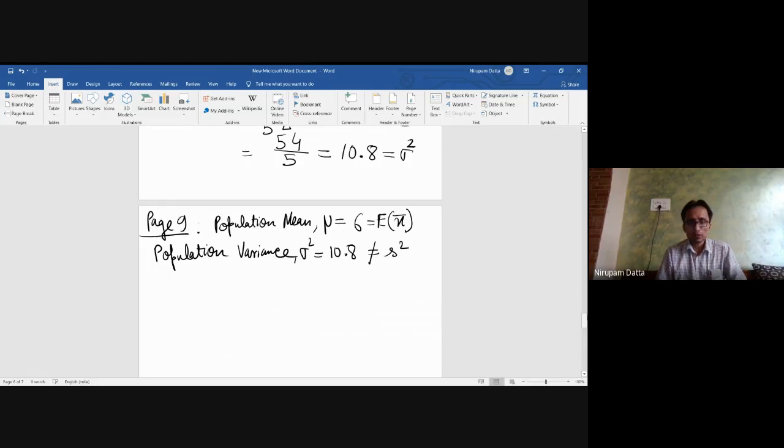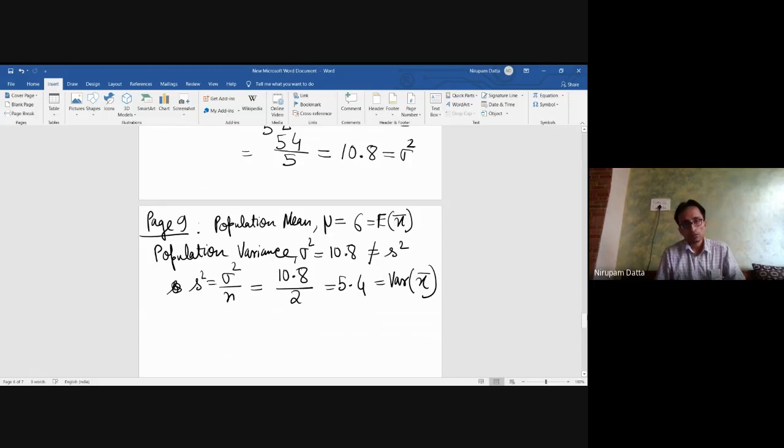But we know that the variance of the sampling distribution is equal to sigma square by n. Sigma square is 10.8, and n is the size of the sample, which is 2, so this equals 5.4. So this is the variance of the sampling distribution of the test statistic, which is the mean.